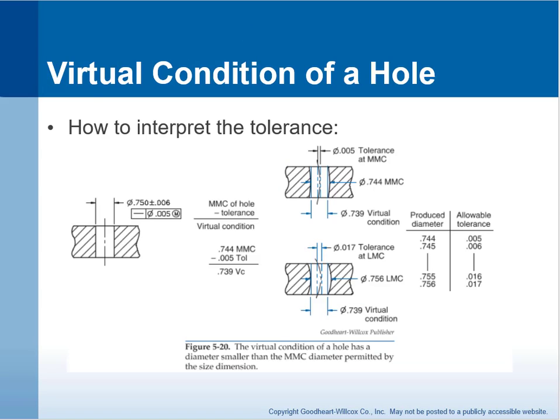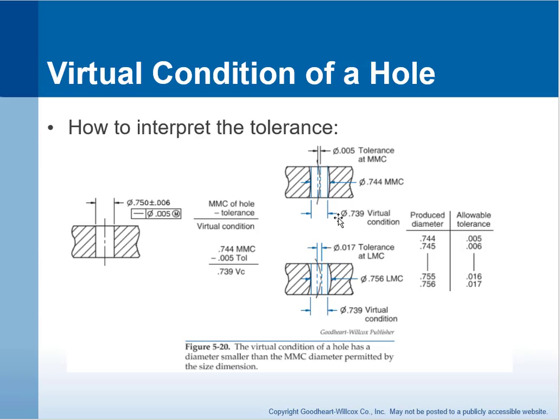So what does this mean? We have .750 plus or minus .006. So the MMC would be .744, and then we have a tolerance of 5 thousandths, and we subtract that off, and we have a virtual condition of .739.